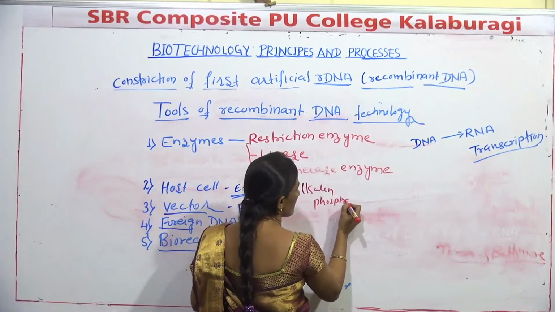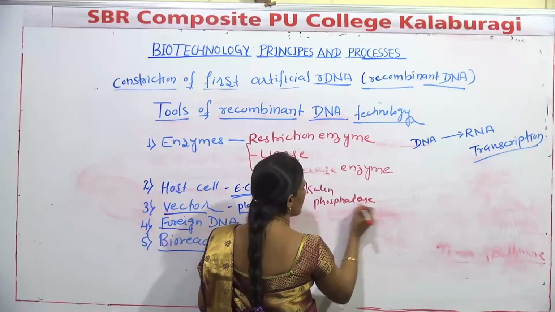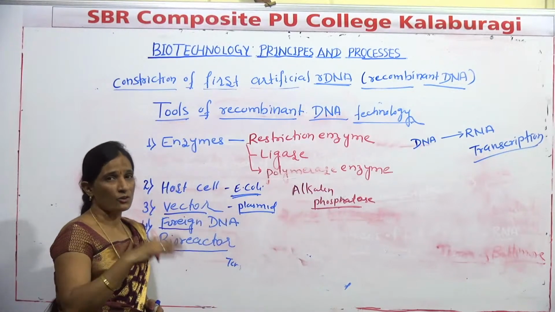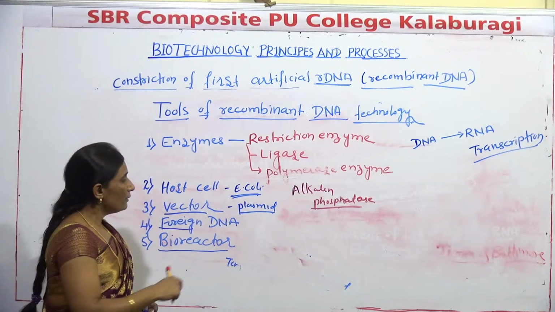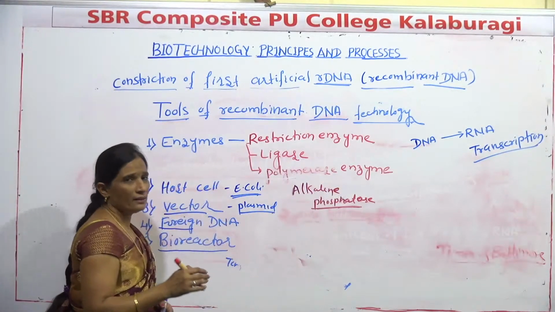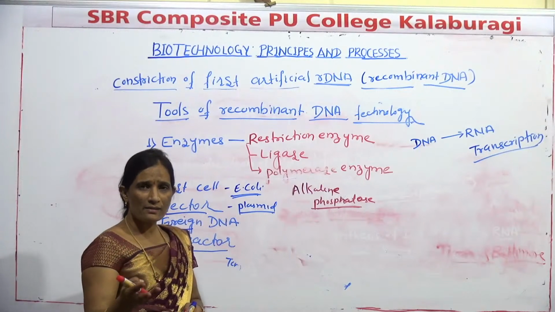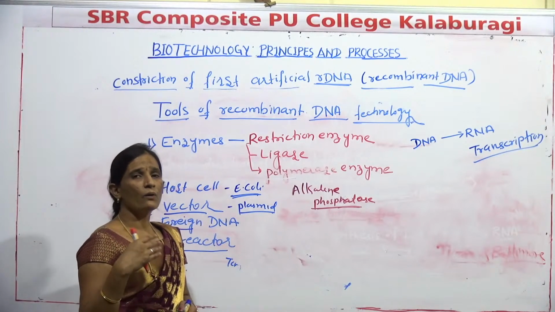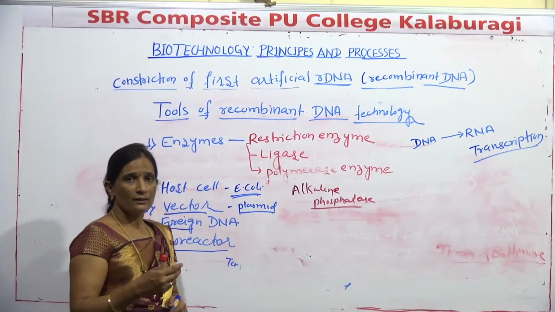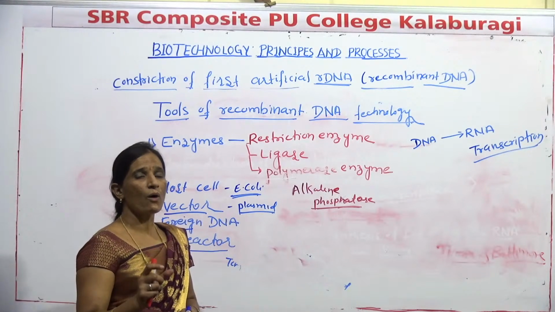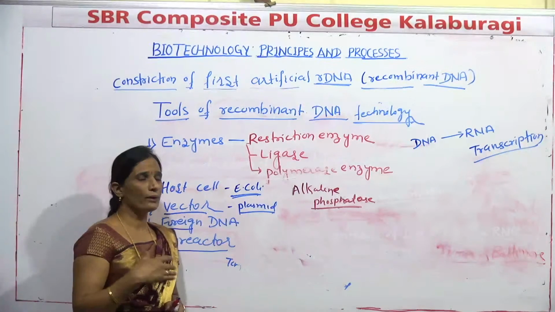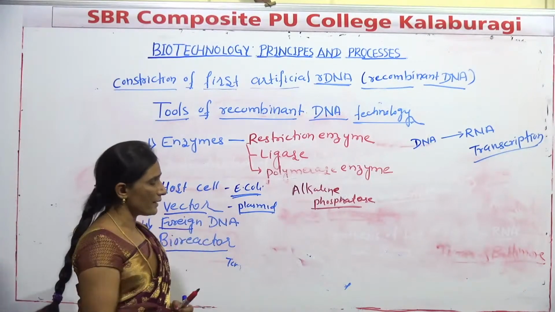This alkaline phosphatase removes the phosphate from the DNA molecule. But as per NCERT they are given as restriction enzyme, ligase, polymerase enzyme, E. coli host cell, bioreactor, and vector. Is it clear? So these are the tools of recombinant DNA technology. Now we are going to study these enzymes in detail.